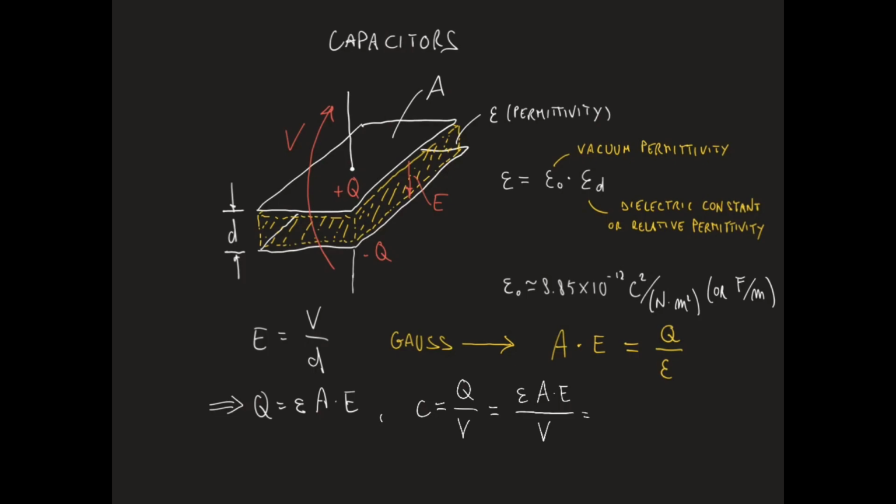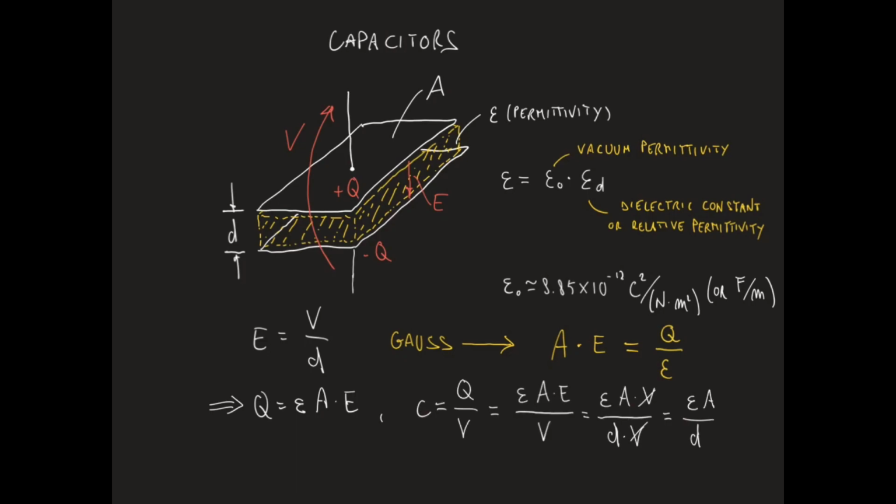So we can write again this expression as epsilon times A times the voltage V divided by D times again the voltage V. We can simplify V and V at the numerator and at the denominator, and we eventually get epsilon A divided by D.